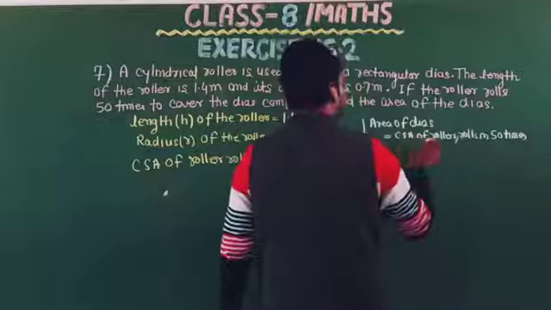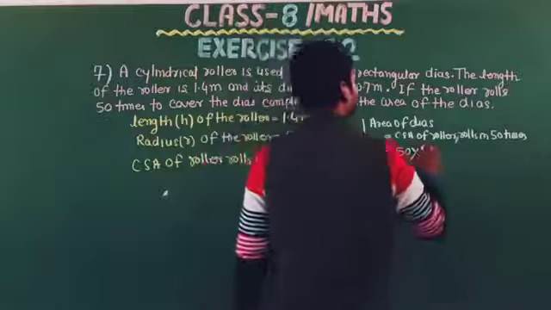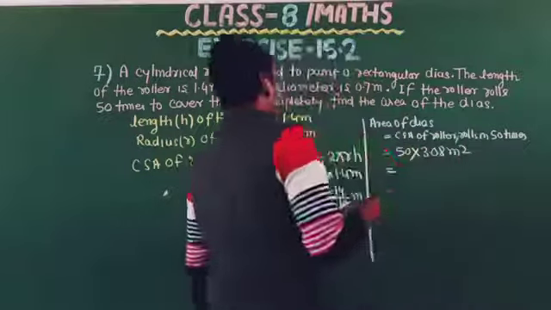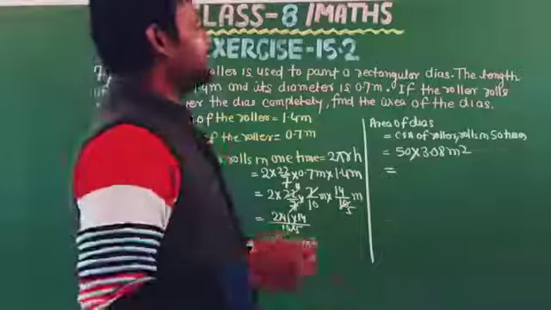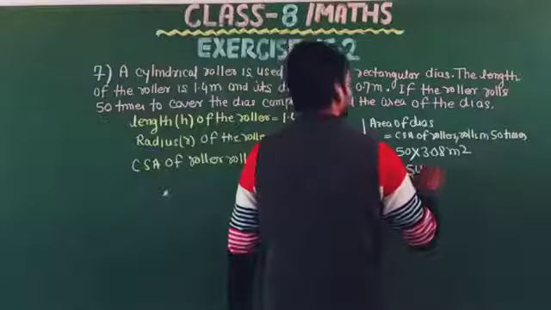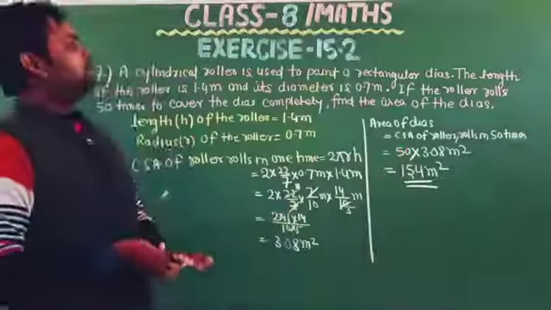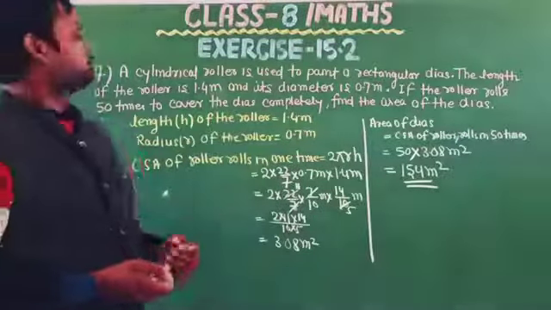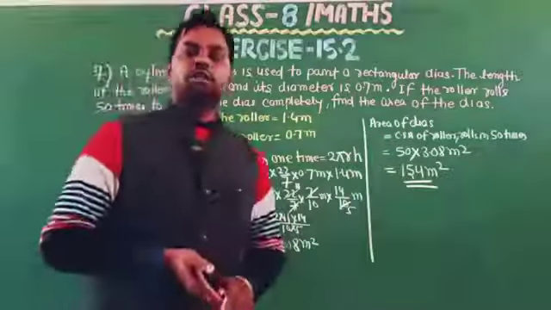So we need to multiply 50 into 3.08 meter square. So we will get the required area of the dash equal to 154 meter square. This is the required area of the dash when the roller rolls 50 times. So this is the required answer of question number 7.